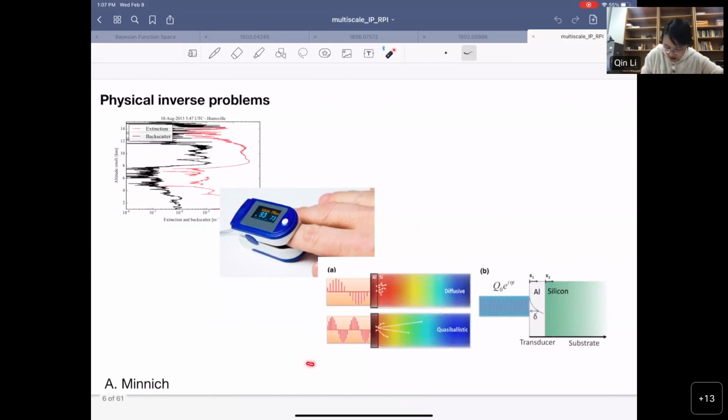And the third picture is collected from Austin Minnick. He's a professor from Caltech. So he is a material scientist. What he does is he would like to understand the heat conductance of a material. So over here, he put alumina right next to silicon, and he sends some wave information in.